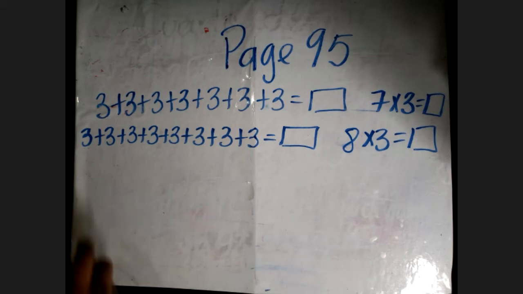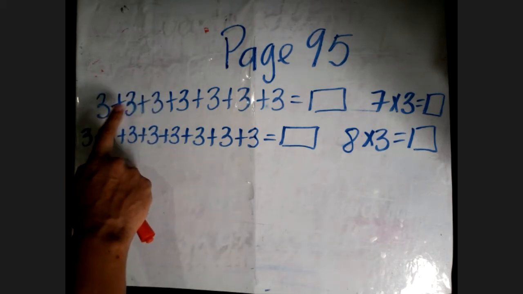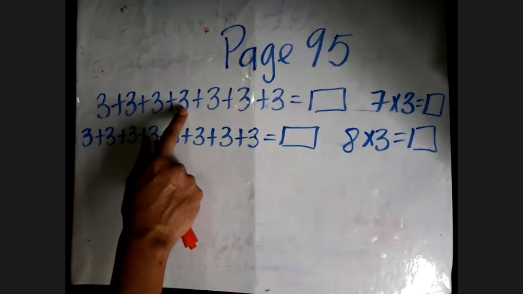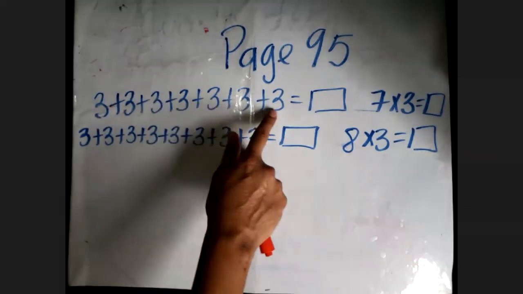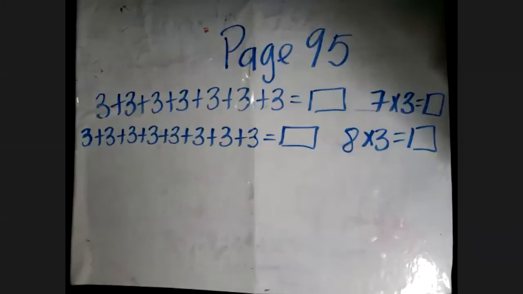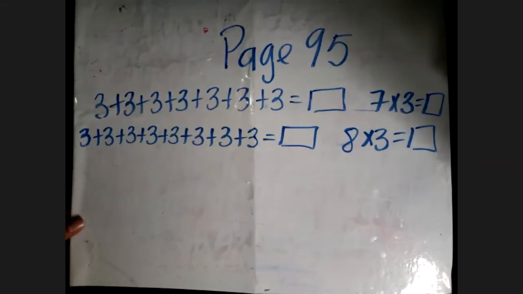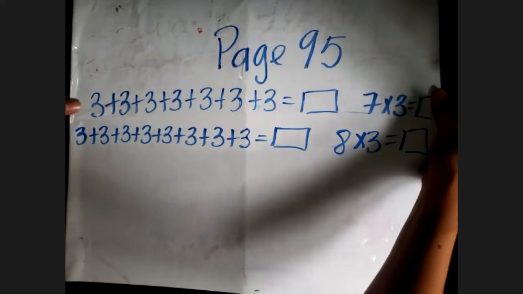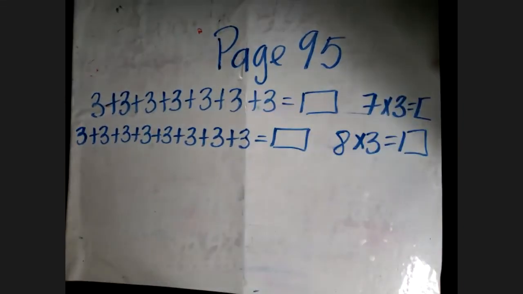Okay, let's see. 1, 2, 3, 4, 5, 6, 7. 7 numbers 3. 7 times 3, how much is that? 7 times 3 is 21.